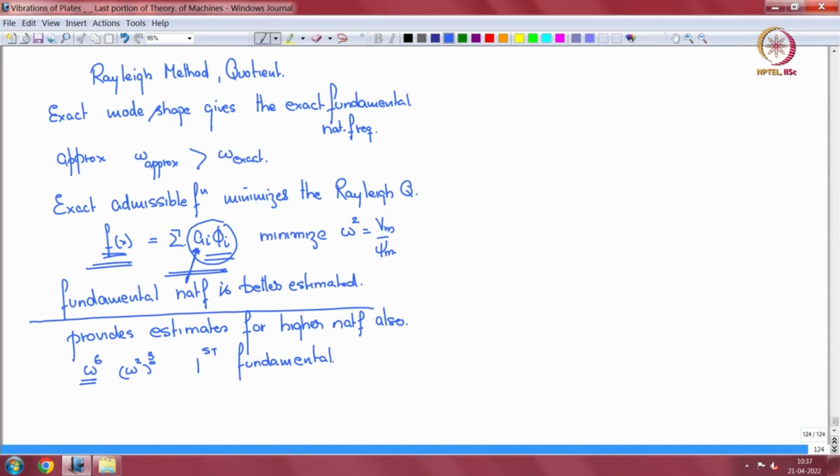So this method of linearly weighting a set of functions to estimate the fundamental mode and minimizing provides estimates for higher natural frequencies also, and that method is called the Rayleigh-Ritz method.